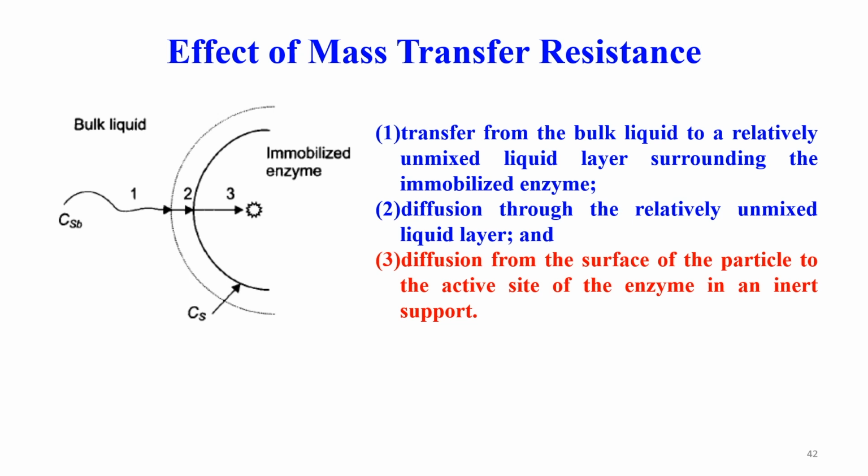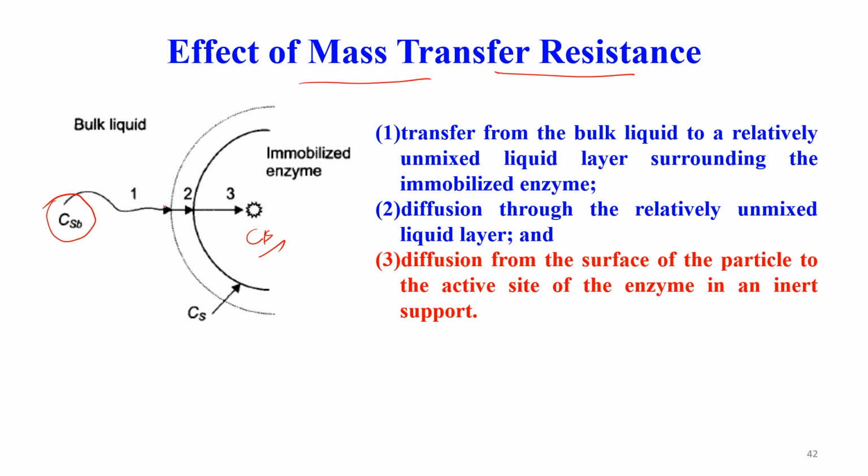So, now let us see how this mass transfer is taking place. As I told, we are considering the concentration of substrate in the bulk CSB, and at the enzyme site the concentration is CS.